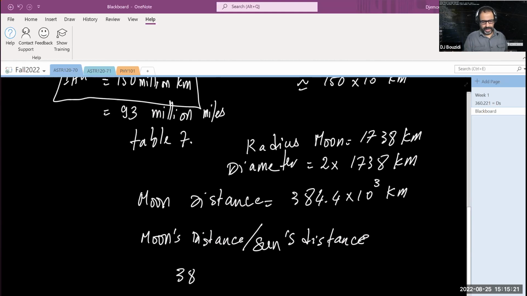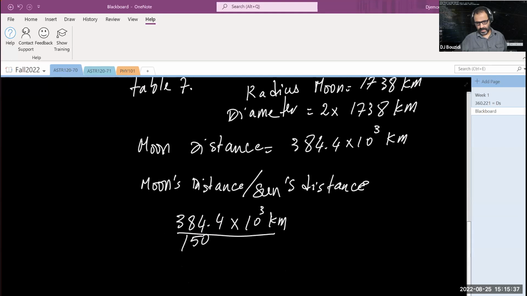The other way, it's going to be 384.4 times 10 to the power 3 kilometers divided by 150 million kilometers. This is what I was talking about. The kilometer cancels the kilometer. Furthermore, 10 to the power 3 and 10 to the power 6, they cancel, and I'm left with 6 minus 3, which is 10 to the power 3 in the denominator.